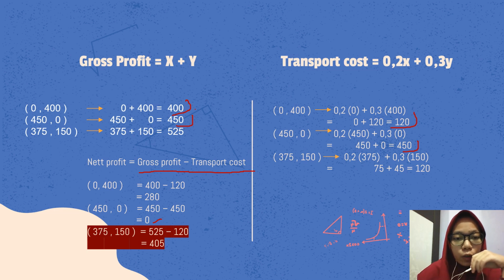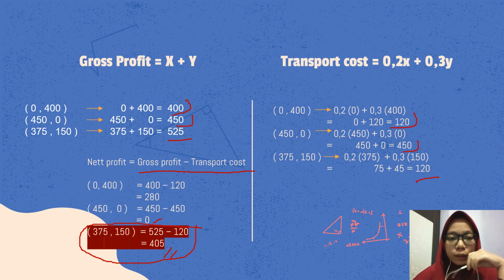And if the corner is 375, 150, the net profit is 525 minus 120, so the result is 405. This is the maximum profit. So to maximize the profit, we need 375 of goods A and 150 of goods B.